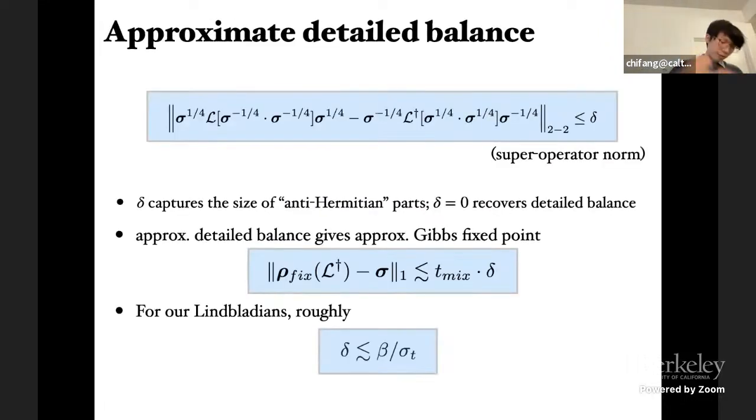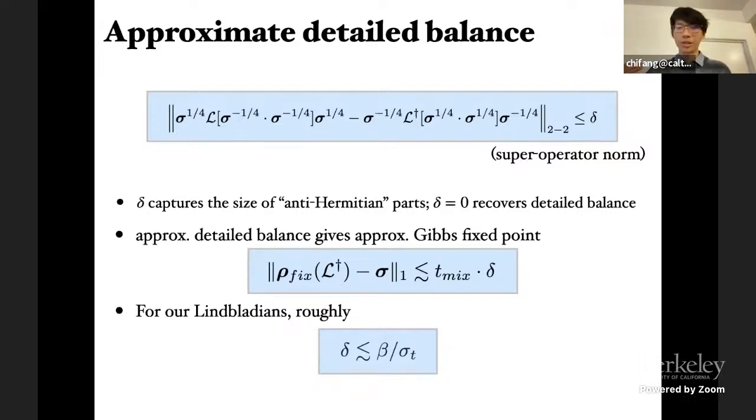Okay, so now I have told you how I construct Lindbladians. One more thing that we have to do is to argue that this has the correct fixed point. And that requires a notion of approximate detailed balance that we're not able to find somewhere else. So we just define it in this way. It looks complicated.